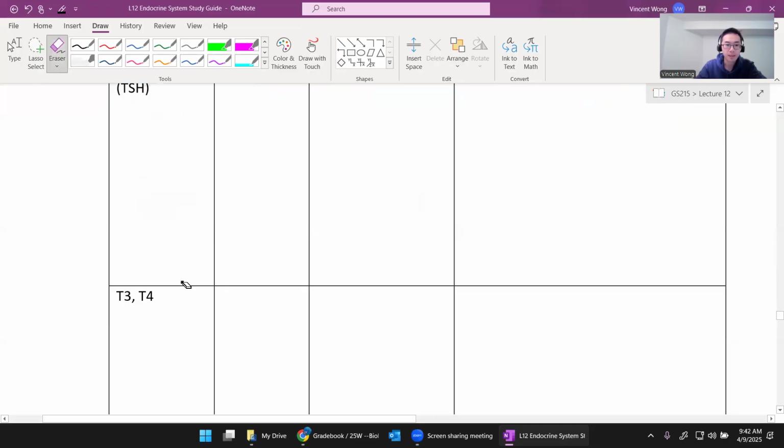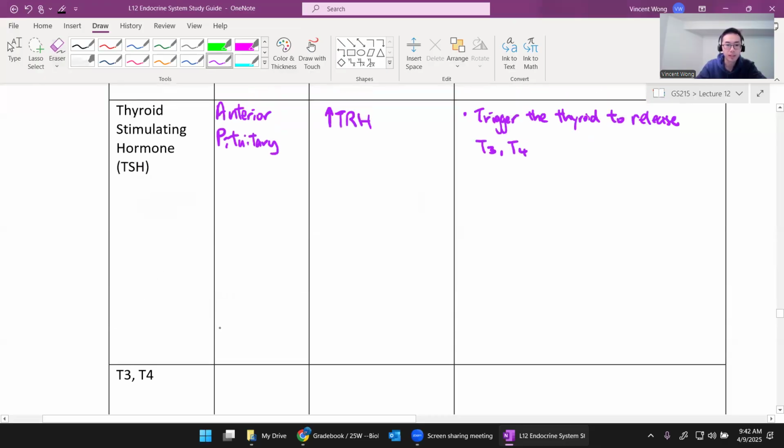What's going to happen? What's next? Well, T3, T4, what's the organ? The gland? Again, just read the previous line. It is the thyroid gland. And it's an increase in TSH.